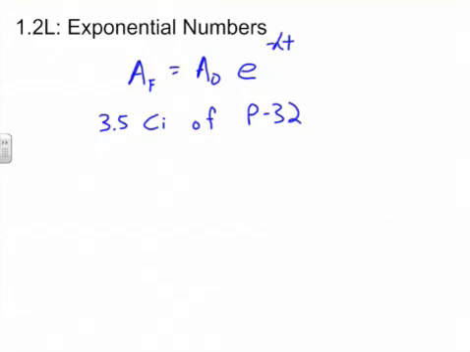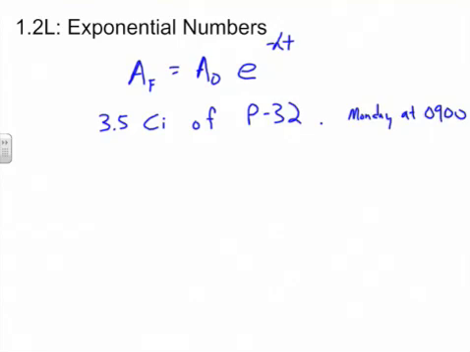P32 is a very common isotope used out in research in the industry. And they want it at the University of Virginia Monday morning at 9 a.m.